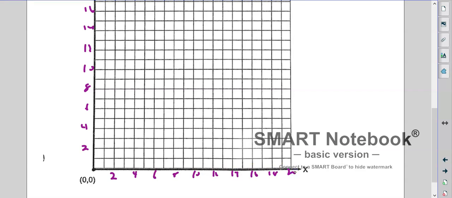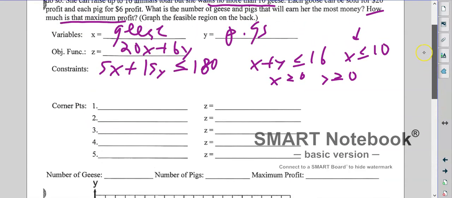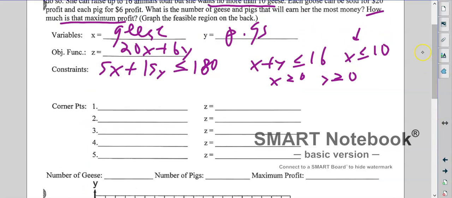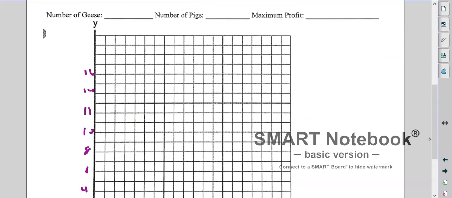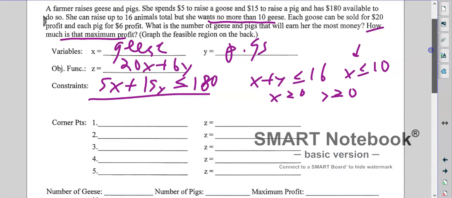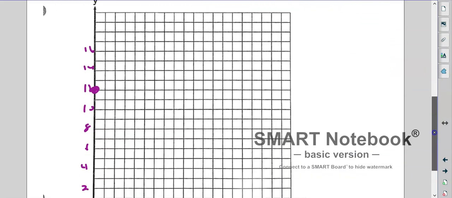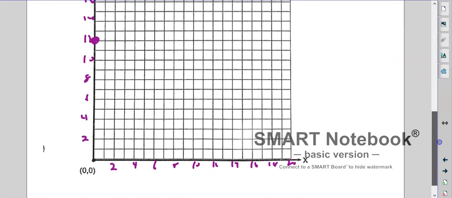All right, so I'm going to use the cover-up method for this bad boy, sort of. If I cover up x and divide 180 by 15, I get 16. Oh, no, sorry, I get 12. My bad, I get 12. So that's right here. Now, here's the problem. When I divide 180 by 5, I get 36, which is off the chart.